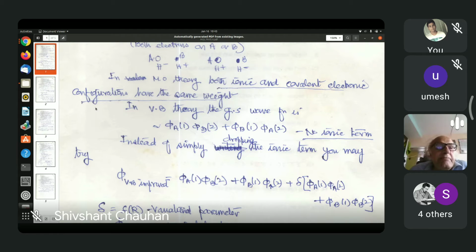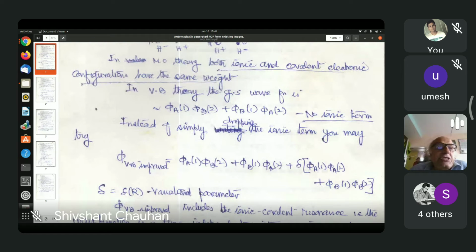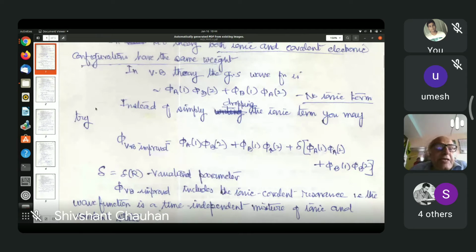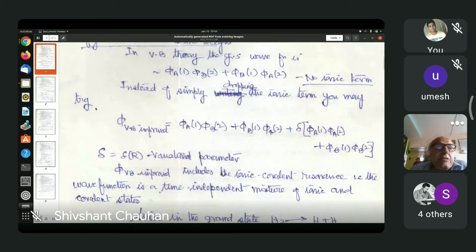And delta, of course, will depend on the internuclear separation. So delta is a function of capital R, and this is a variational parameter, and this gives the improved valence bond wave function. We could expect it to be somewhat better than a simple valence bond wave function, because it includes what is called the ionic covalent resonance.